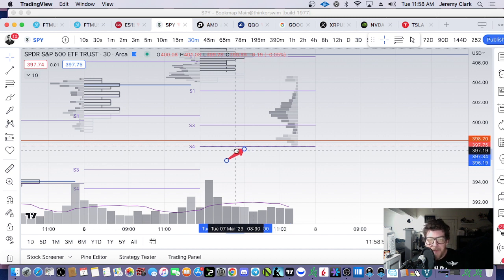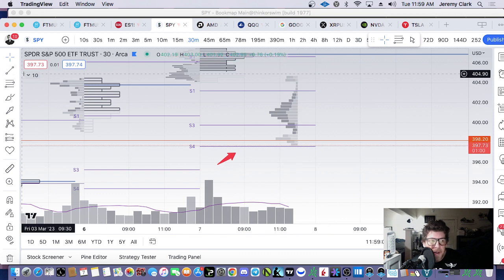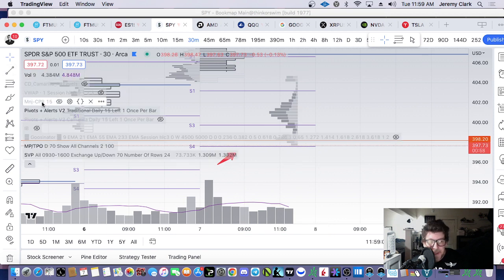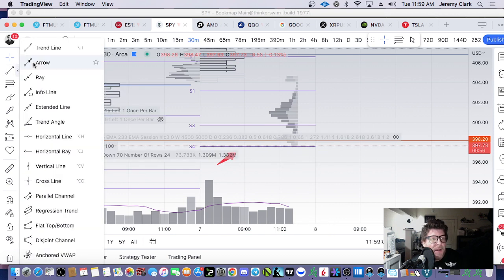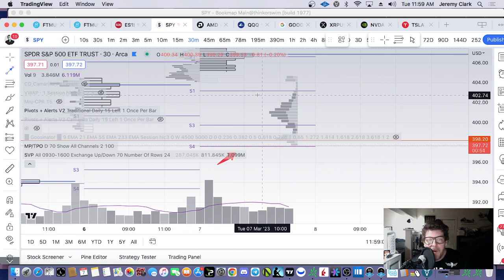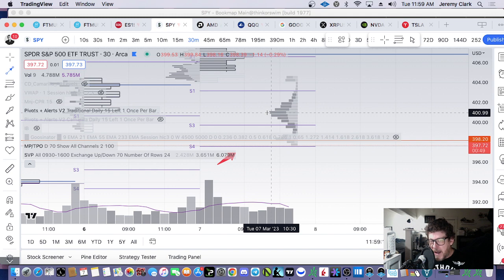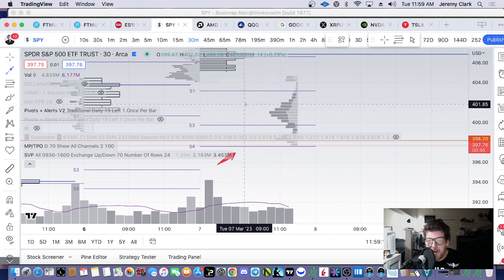So S4 for me is not really an entry. Where I would enter this trade, and where I did actually get into it earlier, would be value area high or point of control, developing point of control here based on the session volume.